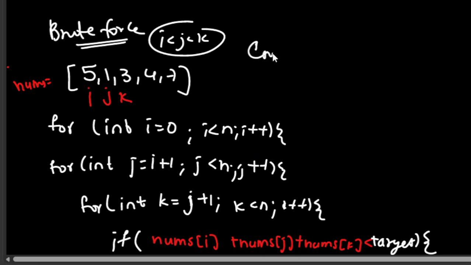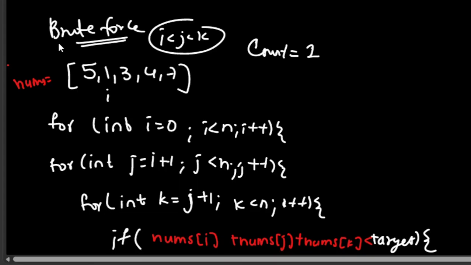So yeah, the count will be 1 initially, and then I'll be moving i higher. I'll be moving i here, and then j here, and k here. And not only that, when we have i here initially, and j here, k here, then we'll move j, and we'll move k here and here also, right?